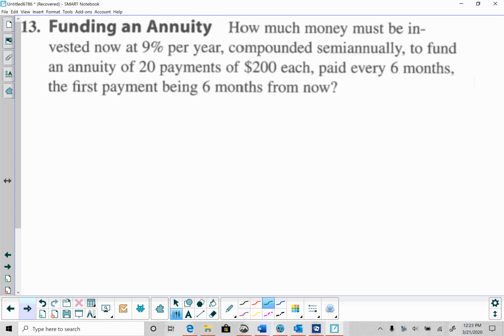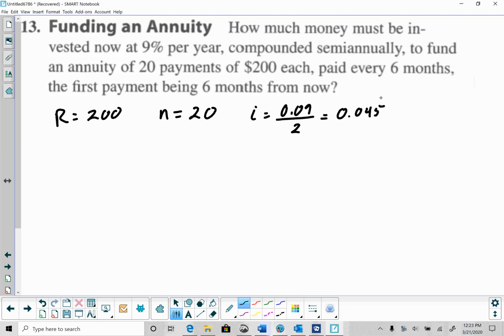So we're looking for regular payments, that's the R of 200. To fund an annuity of 20 payments, so N is 20. The interest rate, again, take the percent, change that to a decimal, 0.09. Semi-annually means divide that by 2, so 0.045.